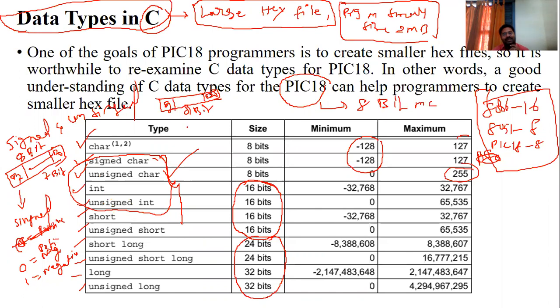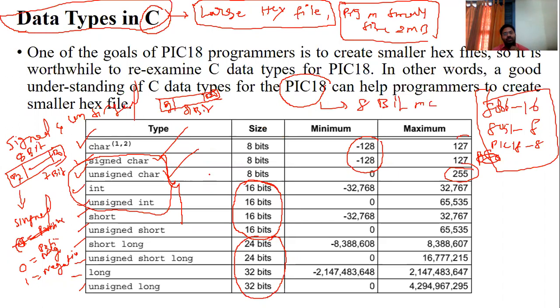Okay, the signed character. Once again you should remember the default one is signed character. If you want to program in unsigned, only then do you represent unsigned character. Otherwise, if you just write char, it will take the signed character, that is, negative as well as positive.